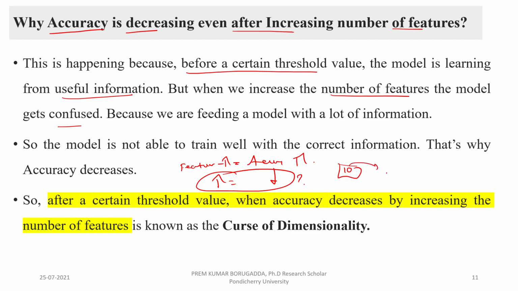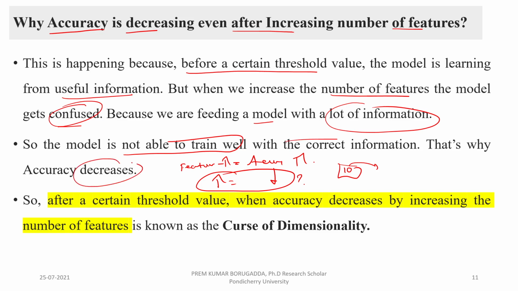After 10 features, if we train the model, it gets confused because we are feeding it a lot of information, so the model is not able to train well. If you take more features than the threshold value, your model is not able to train well with the correct information. That's why accuracy is decreasing.